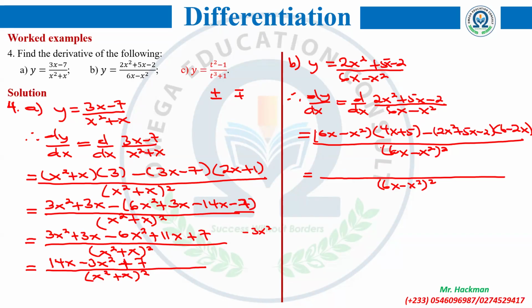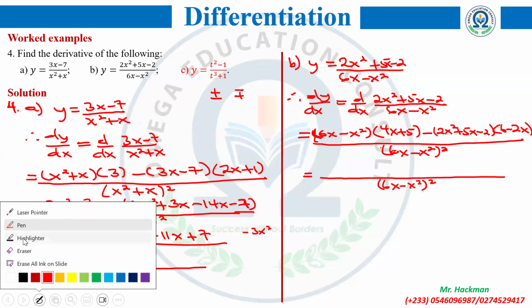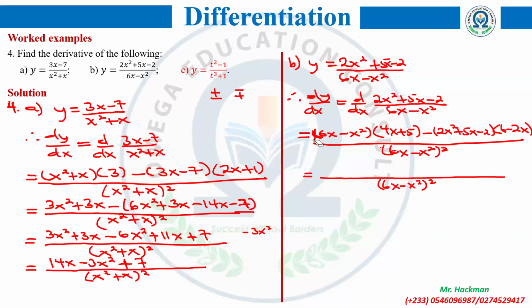So now what do we do? Let me make my bracket neat there. It wasn't pretty at all, so let me clear the old one. All right. So now let's do it together. 6x times 4x, so we are going to distribute. 6x times 4x will give us 24x squared.